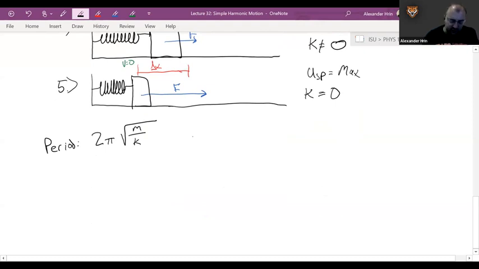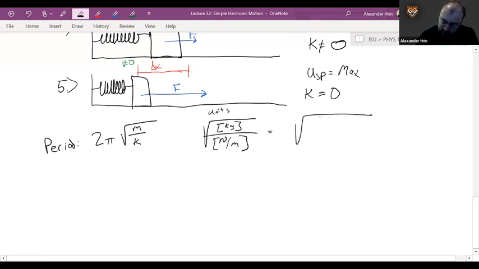Now it's worth doing a unit analysis here. 2 pi has no units. The units of the numerator are kilograms. The units of the denominator are newtons per meter. If you remember, those were the units of the spring constant. Fleshing this out a bit more, kilograms are still in the numerator. We change the newtons to kilogram meters per second squared, but we also still have that meter in the denominator.